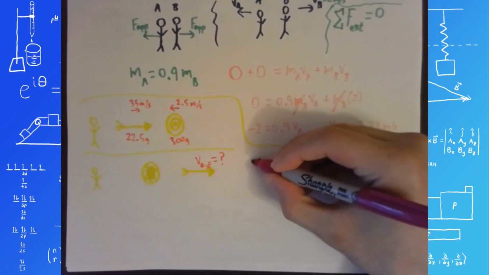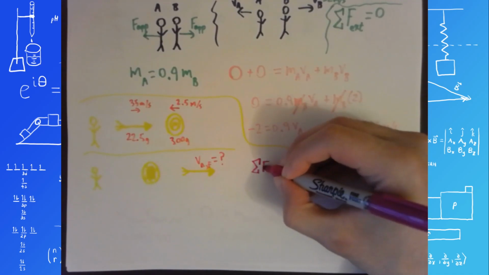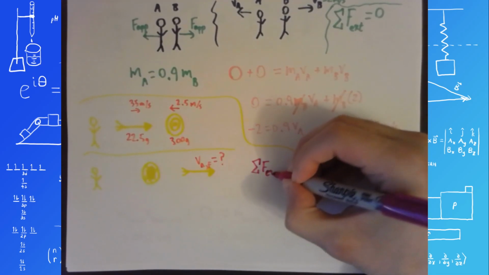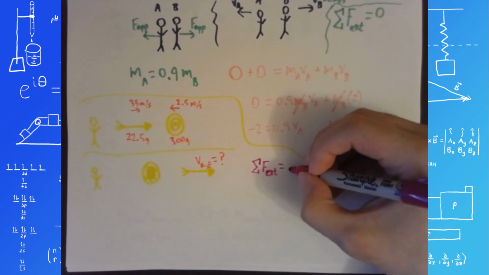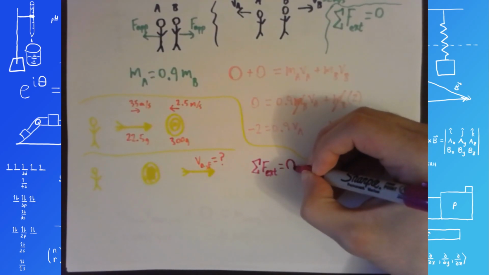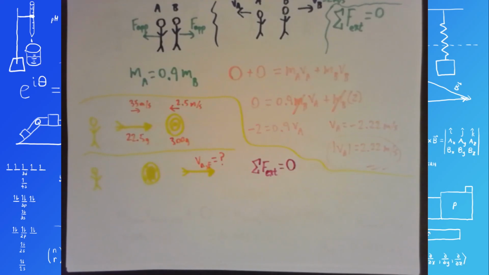During the collision, is the net external force 0? What forces are acting on the arrow and the target? Well, when they collide, I guess we'll call it an applied force, but really it's, again, a normal force.